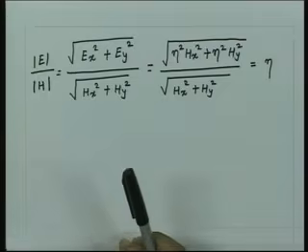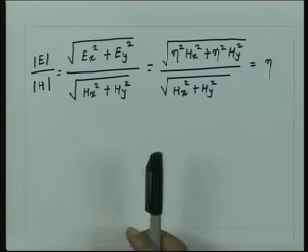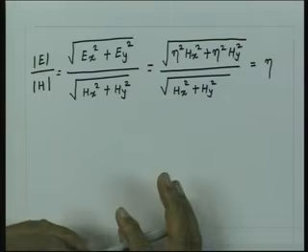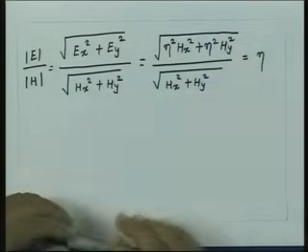So, what that means now is that ratio of the magnitude of electric and magnetic field is always equal to the intrinsic impedance of the medium, which is decided by the medium parameters.